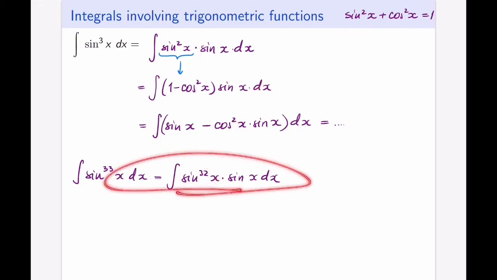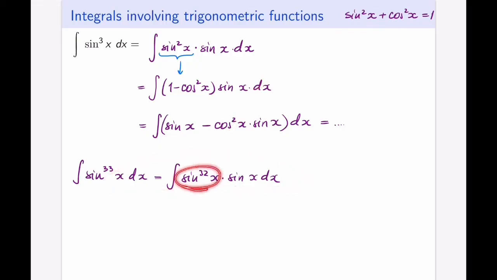Now this integral is going to be a little more finicky because the power is bigger, so you're going to introduce this term to some other power and therefore might have to consider other options, but it is actually solvable by a similar technique.